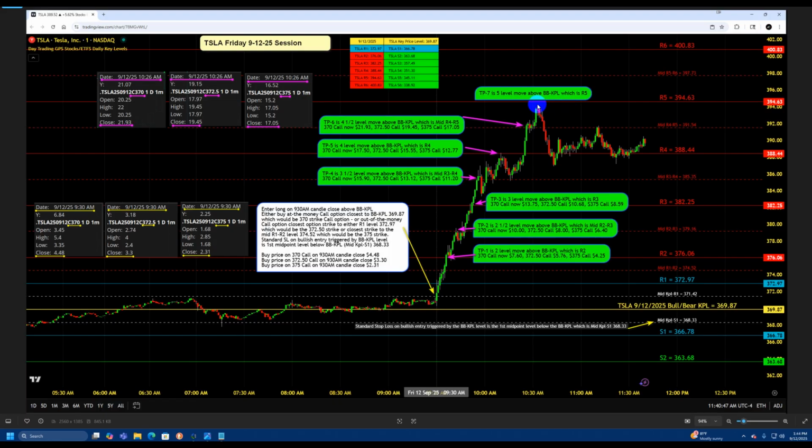So let's say, for example, that this had gone up a little bit more and hit the R5 and then started trailing down, closing below the R5. Then at that point, if you wanted to do a short play or a put option, your standard stop loss would be the first midpoint level above R5 on that bearish play.